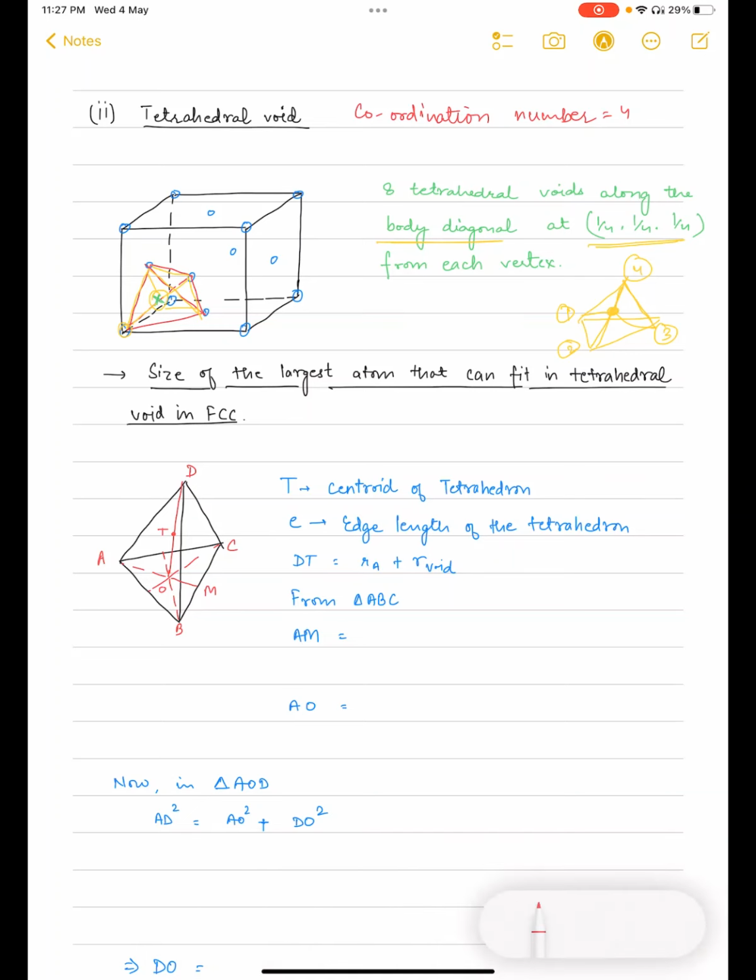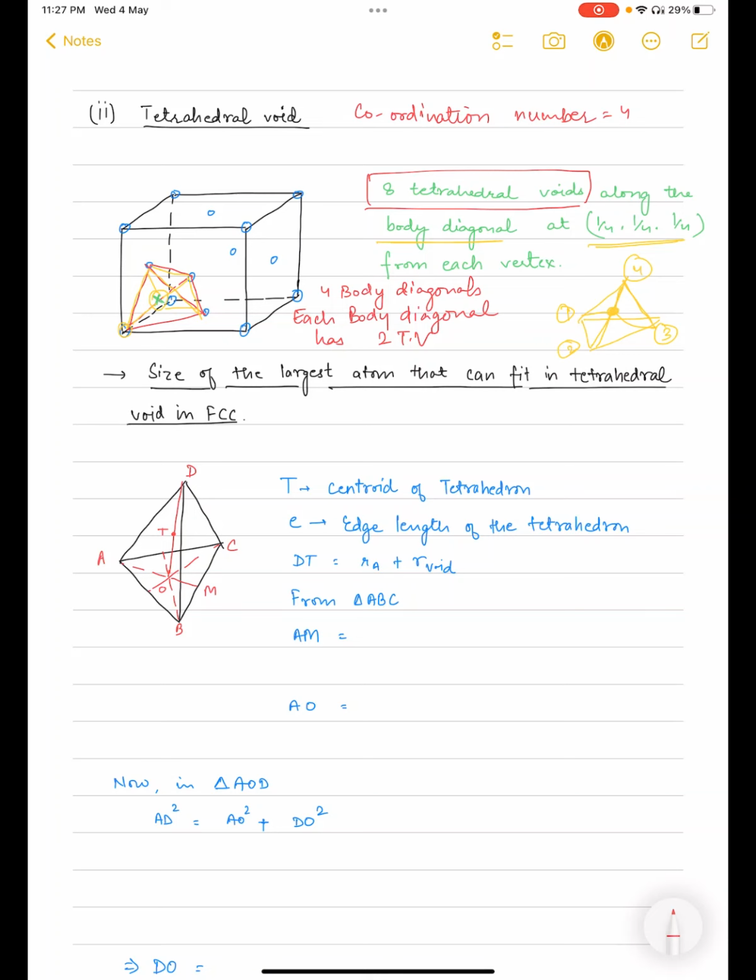There are a total of 4 body diagonals in a cubic crystal, and each body diagonal has 2 such voids. This makes a total of 8 tetrahedral voids in an FCC crystal.